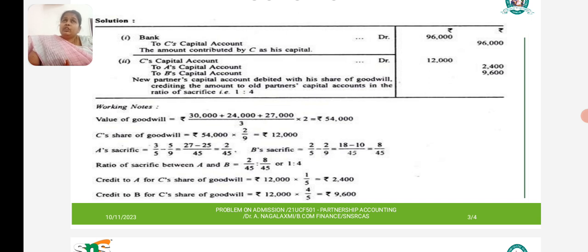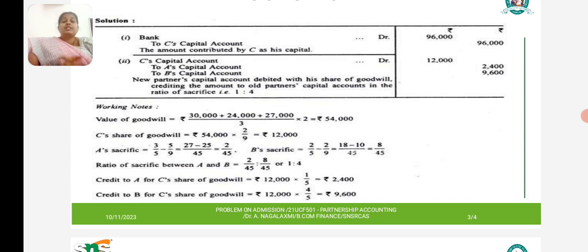Old ratio minus new ratio is the formula to find out the sacrificing ratio. In case of A, old ratio is 3 by 5 and new ratio is 5 by 9. So we get 45 as the common denominator. 45 in 5 it is 9 times, 9 threes are 27, minus 45 in 9 it is 5 times, 5 fives are 25. So 27 minus 25 divided by 45, 2 by 45 is A's sacrifice.